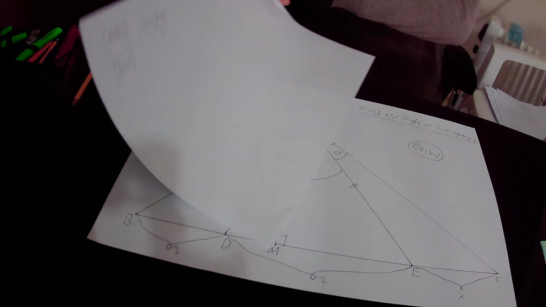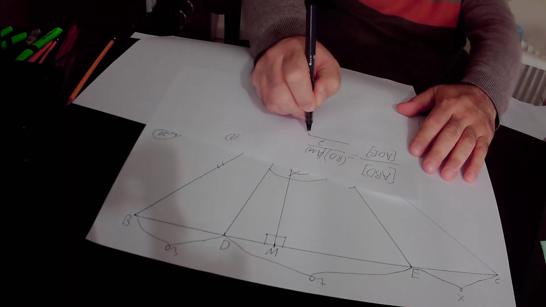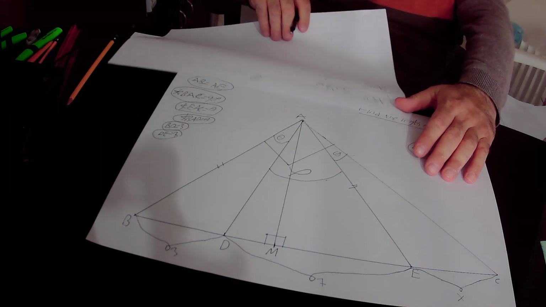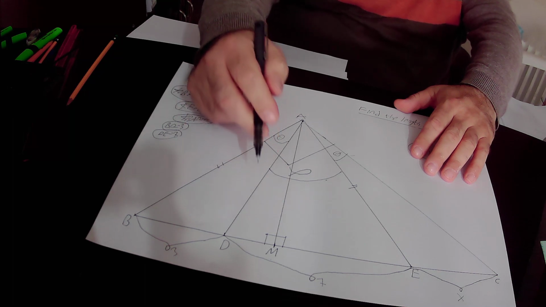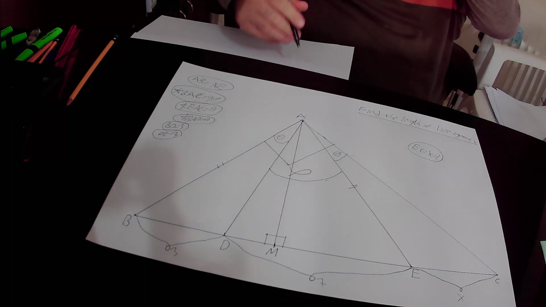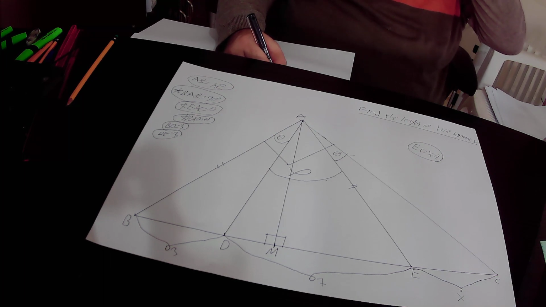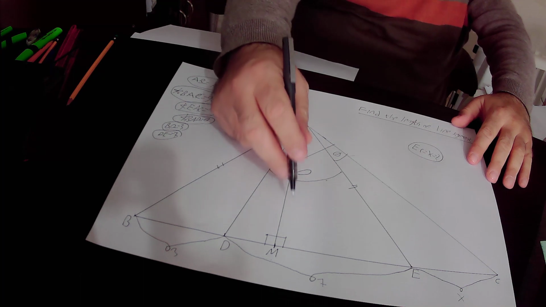In the same way, we will calculate the area of triangle ADE. The area of triangle ADE will be equal to the base of the triangle, that is DE, times the height to the base, that is AM.